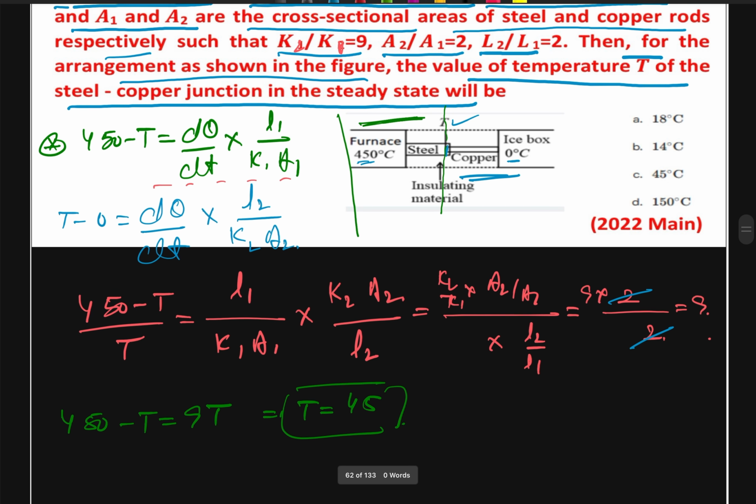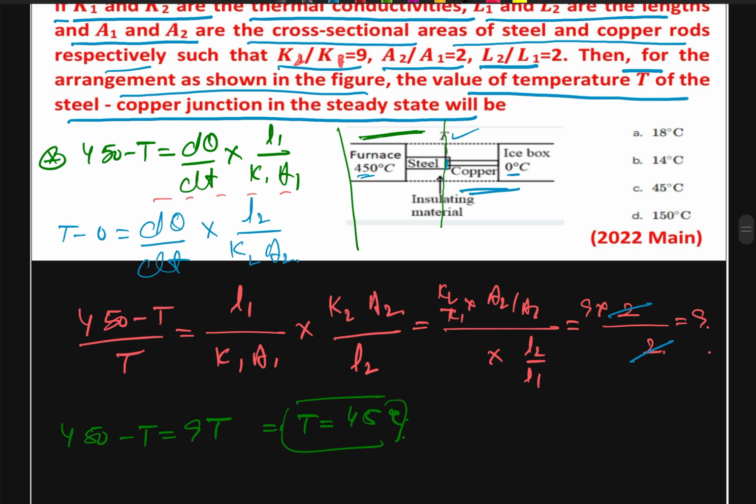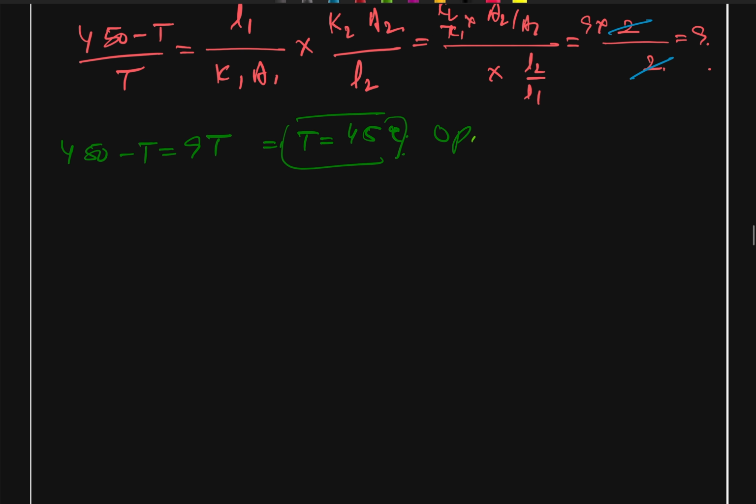So we have T is equal to 45 degrees centigrade. So option C is correct. Next question.